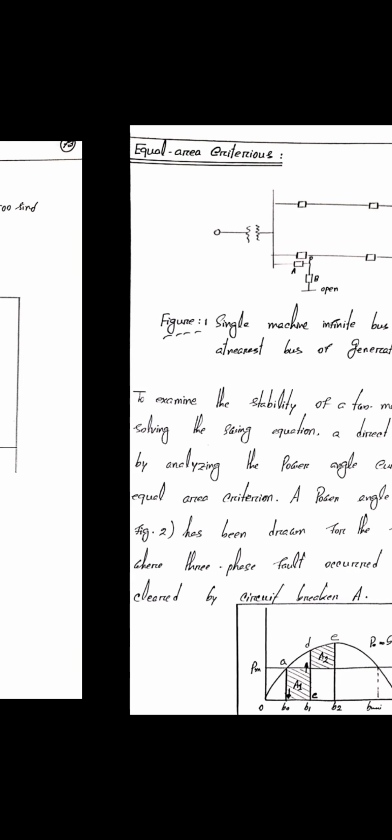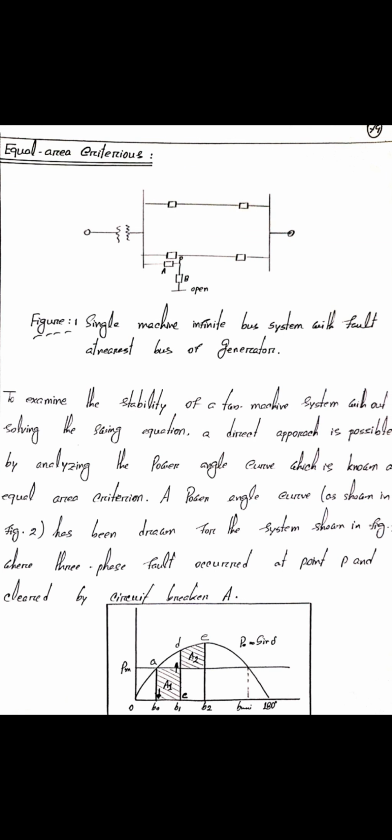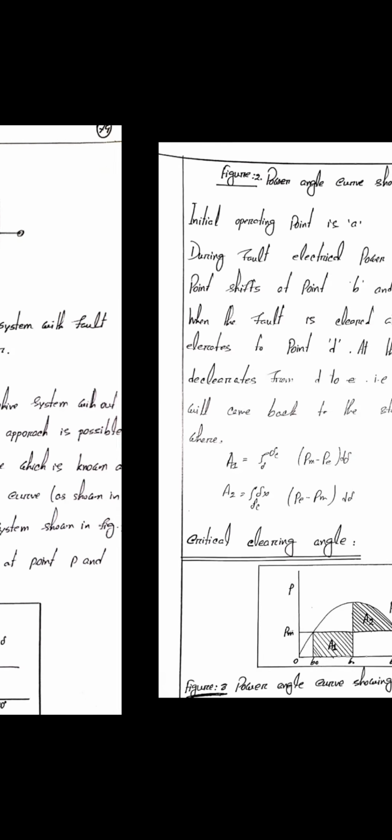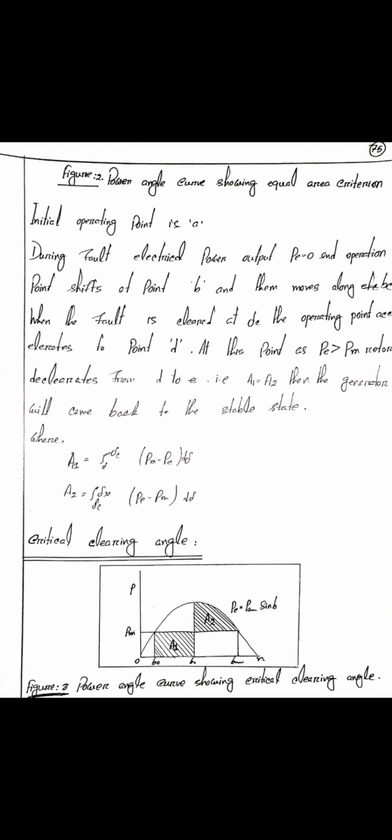Power angle curve, equal area criterion. Figure: a single machine infinite bus system with a fault at the generator bus and the power angle curve. Figure: power angle curve showing equal areas.